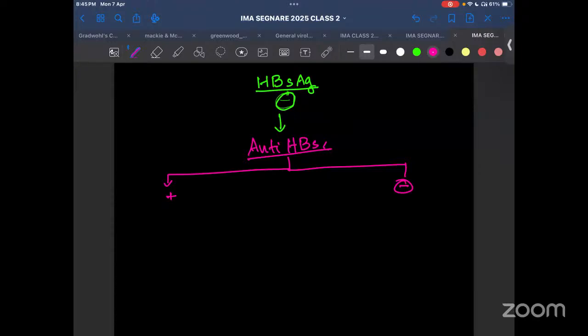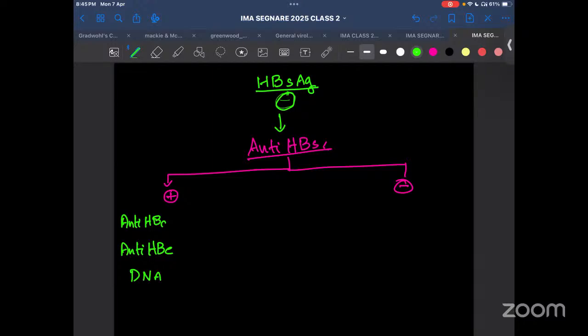When anti-HBs is positive, we look for anti-HBc, the other markers, anti-HBe, and the viral DNA.